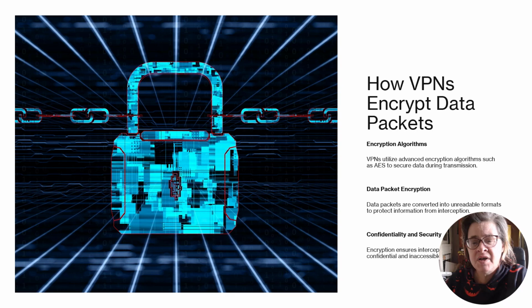VPNs use encryption algorithms like AES to convert data into unreadable formats during transmission, ensuring that intercepted data remains confidential and secure from unauthorized access. I've used AES 256, and I've seen 512 too. 128 you could use, but I wouldn't use 128.